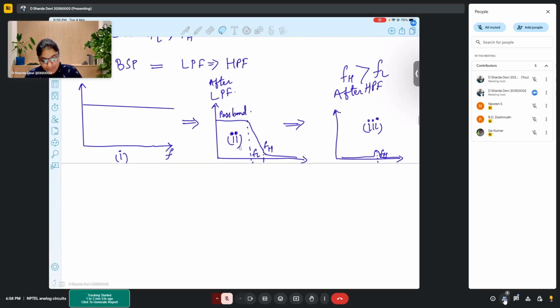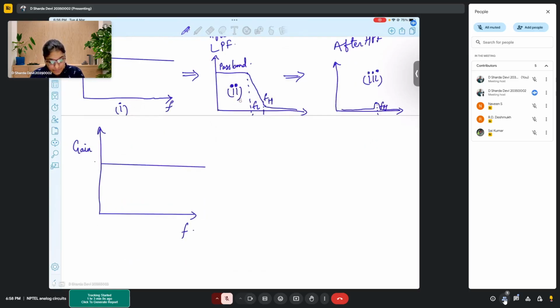See, let us understand from the very basics, okay? You have all the range of frequencies in your signal. This is your input. You're passing it through a low pass filter.